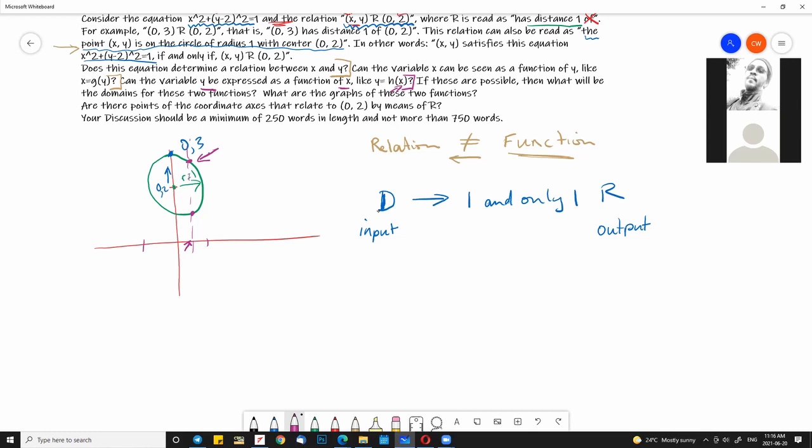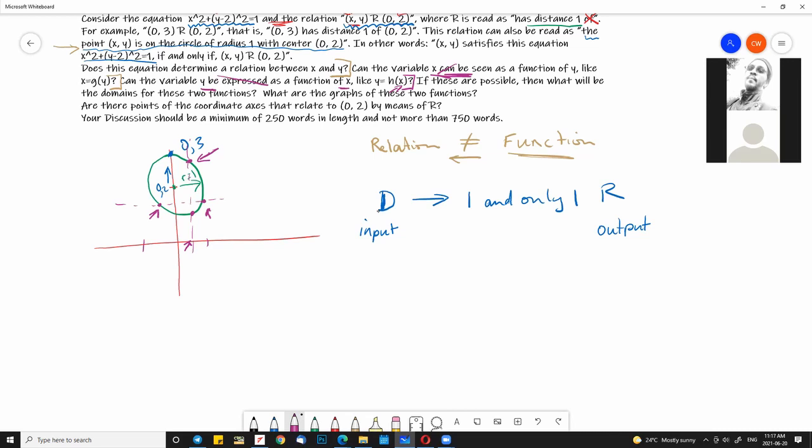Same thing with y. If we use a horizontal line test, each input of y where the circle exists will give two outputs. So no, x cannot be seen as a function of y, and y cannot be expressed as a function of x.